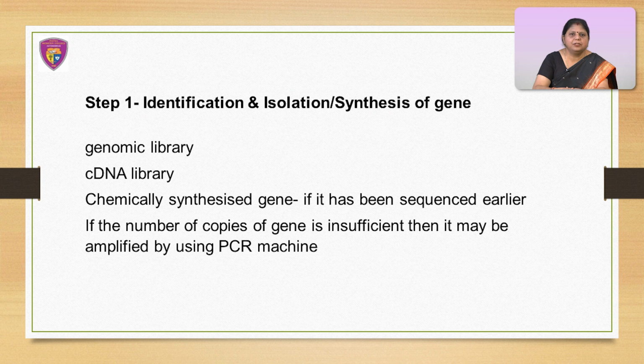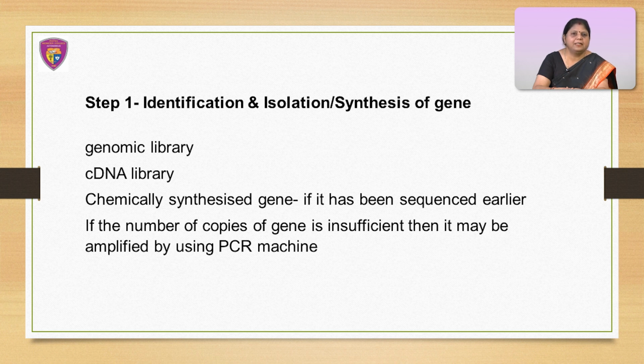First of all, we have to select, identify, and isolate a suitable or useful gene. We can get this gene from various sources such as genomic library, cDNA library, chemically synthesized gene if it has been sequenced earlier. If the number of copies of the gene is insufficient, then it may be amplified by using PCR machine.